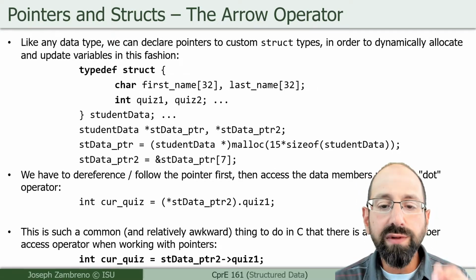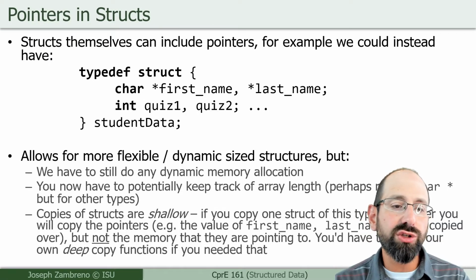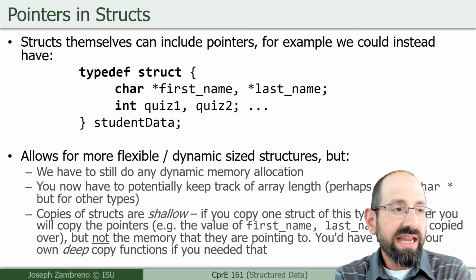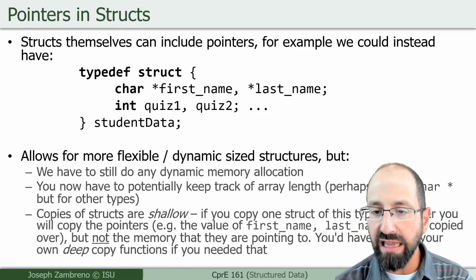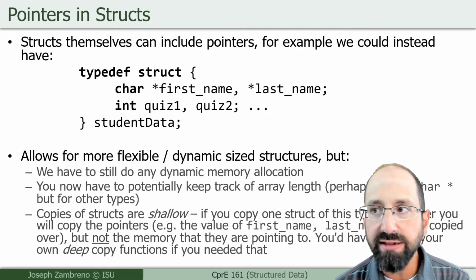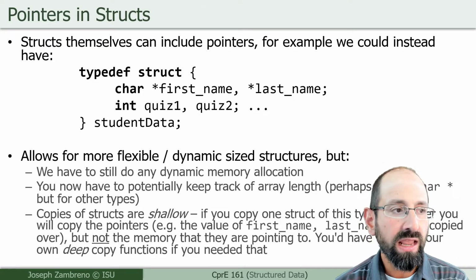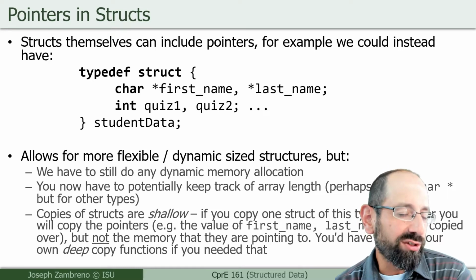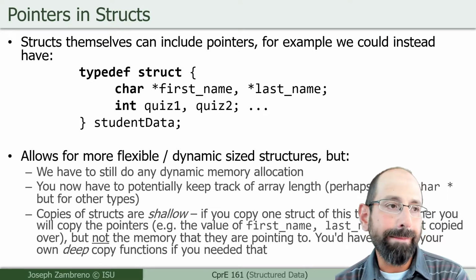This is slightly different than the topic of pointers to structs, because structs themselves can certainly also include pointers. Instead of having statically allocated arrays for first and last names, it would have been equally valid to have char star pointers for first name and last name. Then we would have had to do dynamic memory allocation if we wanted to actually store values for the first name and last name there.